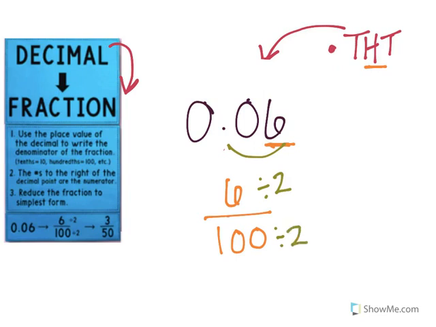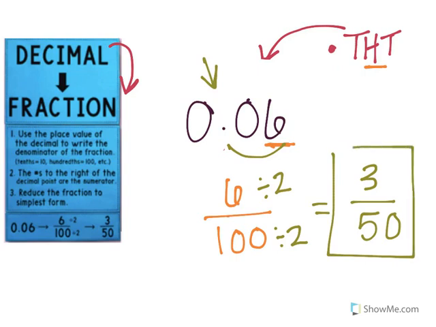So I'm going to divide the top and the bottom by that same factor, because remember, whatever you do to the top of the fraction, you have to do to the bottom of the fraction. 6 divided by 2 is 3, and 100 divided by 2 is 50. So 6 hundredths as a fraction is 3 over 50.